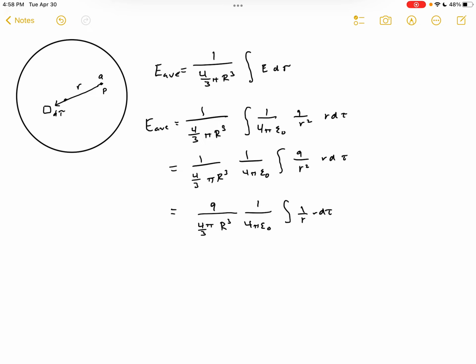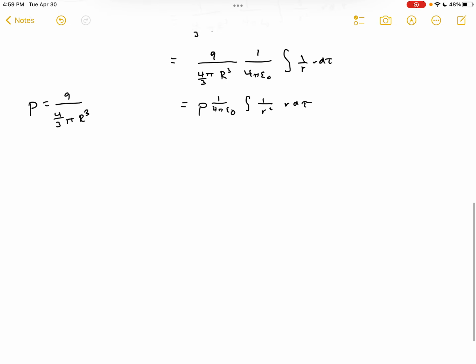So now put it in terms of rho. So you get rho times 1 over 4 pi epsilon naught, integral 1 over r squared r-hat d tau, because we know that rho is equal to q over 4/3 pi R cubed.